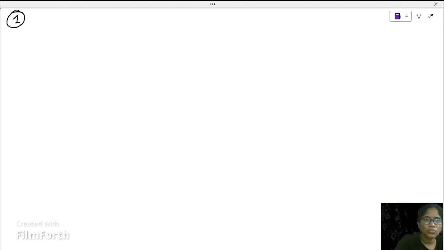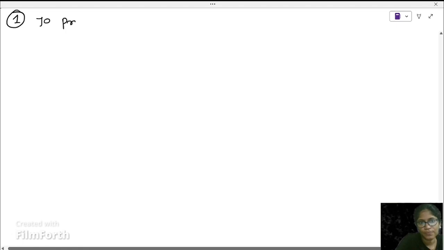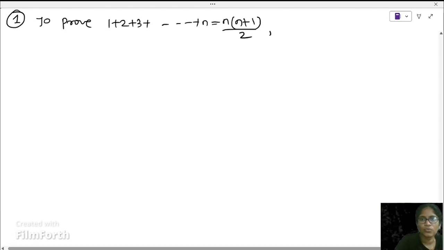First question is to prove 1 plus 2 plus 3 plus up to n is equal to n into n plus 1 by 2 for all n greater than or equal to 1. Prove this by method of induction. MI means method of induction. Solution.